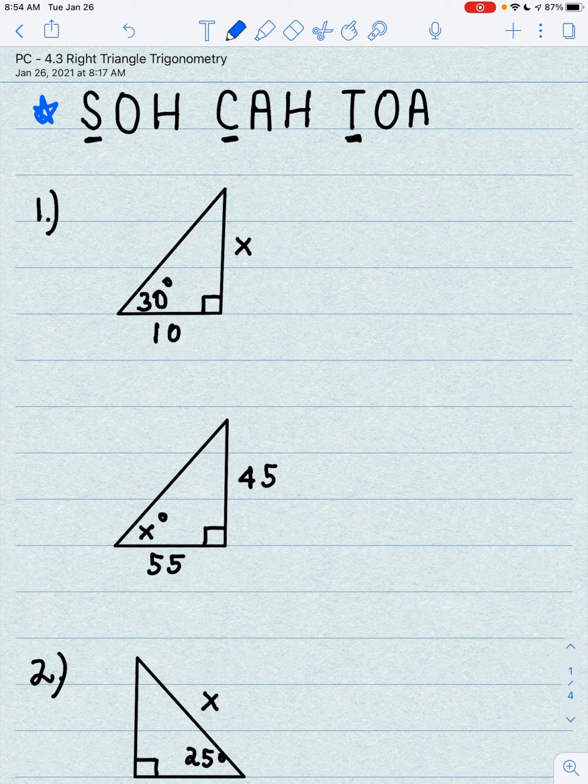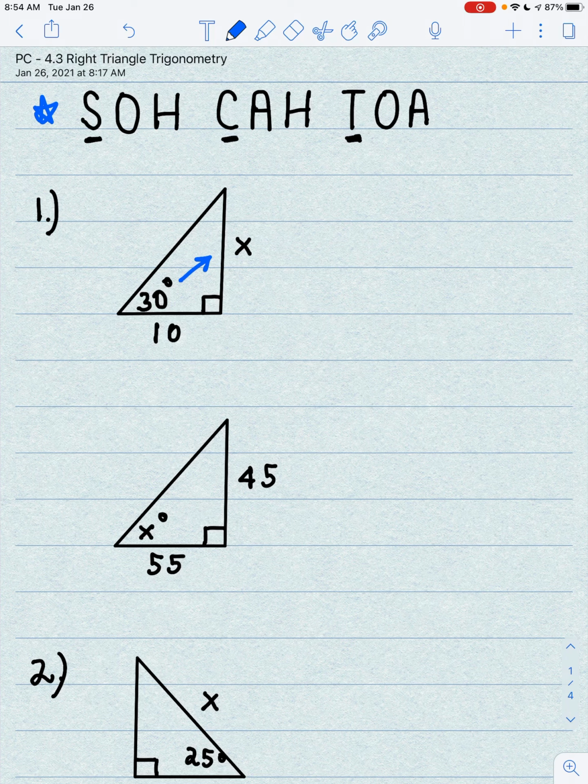So as we look at our first triangle in number 1, we have a base angle of 30 degrees in our right triangle. And as I look at the two sides labeled X and 10, I have to recognize that the side labeled X is the side opposite my angle, while the side labeled 10 is the adjacent side.